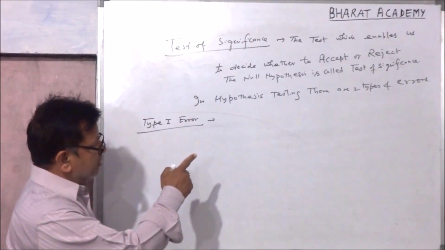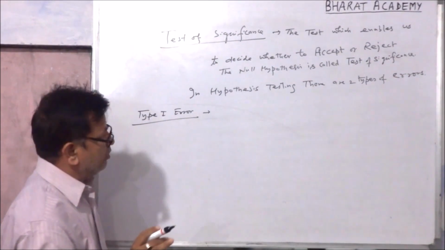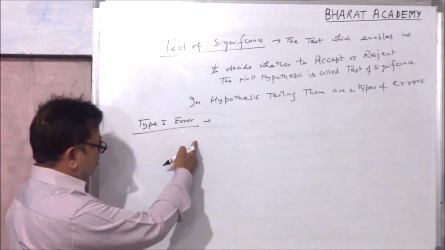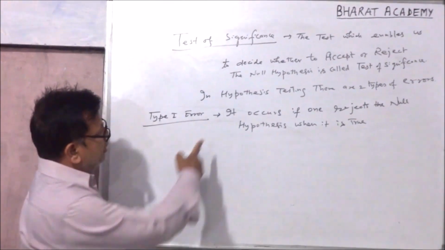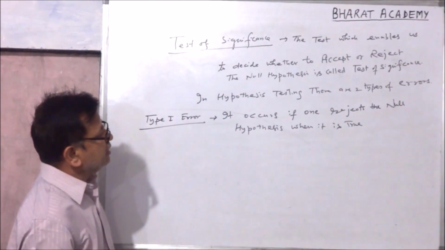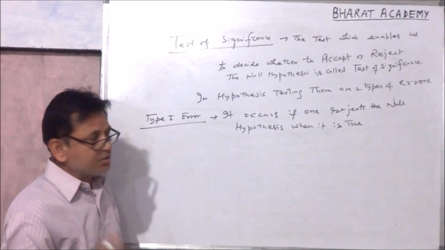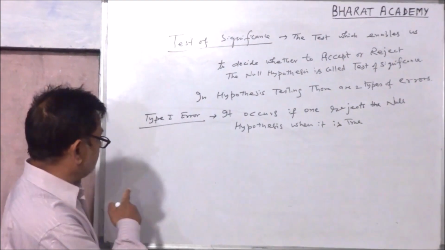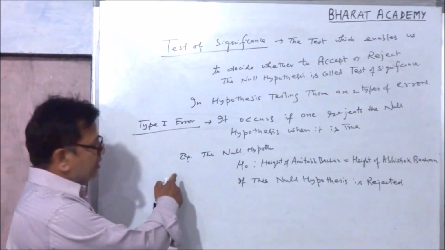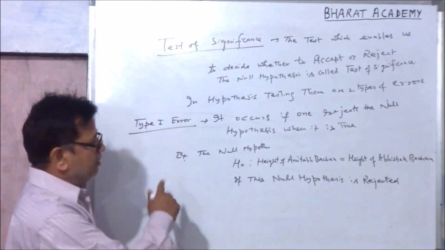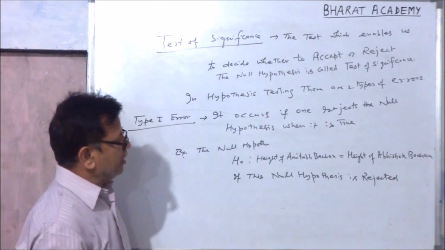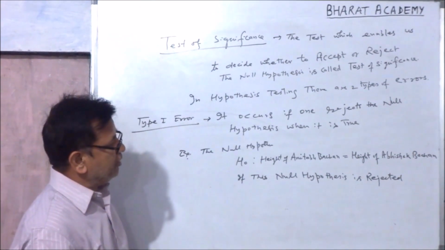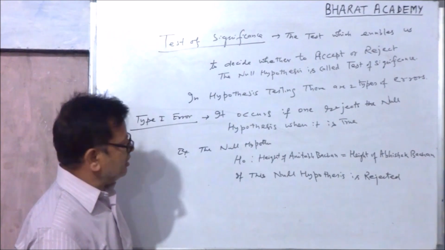Students, in hypothesis testing, there are two types of errors. First is type 1 error. What is type 1 error? It occurs if one rejects the null hypothesis when it is true. It was true but it has been rejected. I will explain it by this example. All know the height of Amitabh Bachchan and height of Abhishek Bachchan are same.